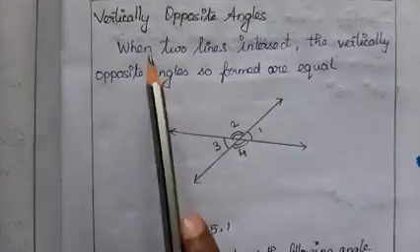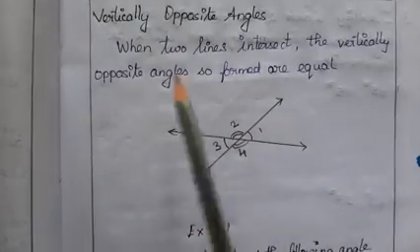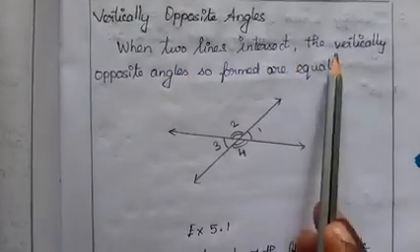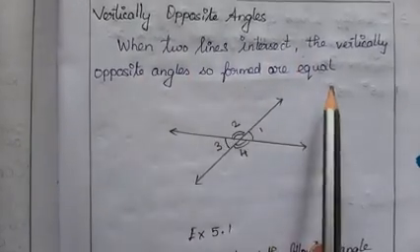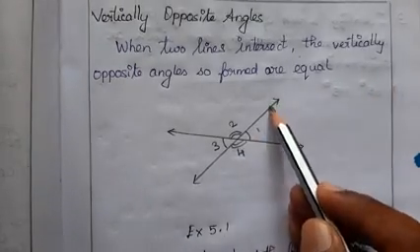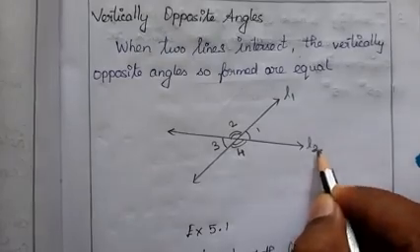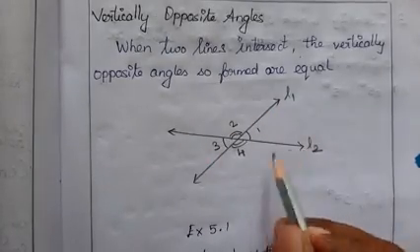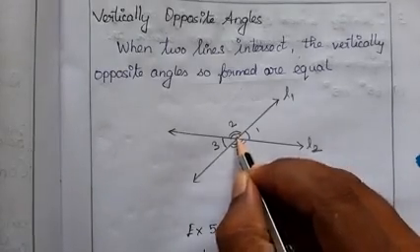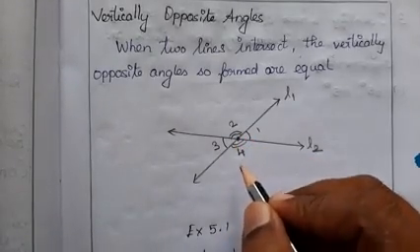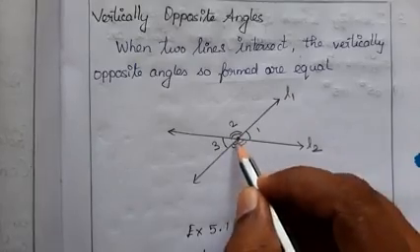The next is vertically opposite angles. When two lines intersect, the vertically opposite angles formed are equal. You can see this is one line, let me call it L1, and this is another line, L2. They intersect at this point, and four angles are made.